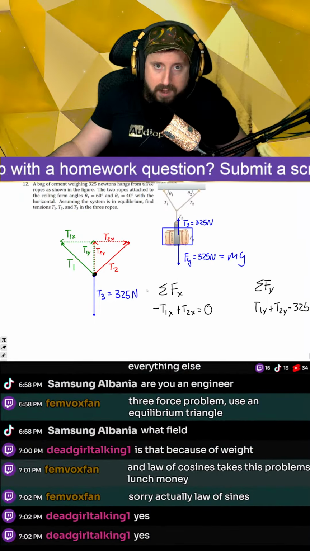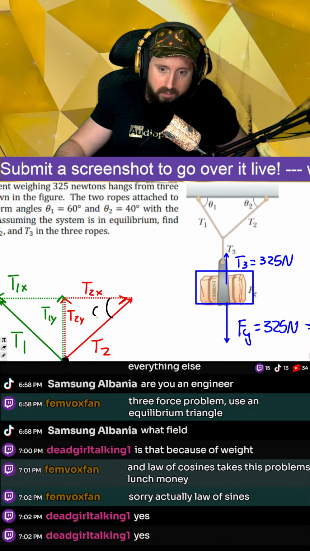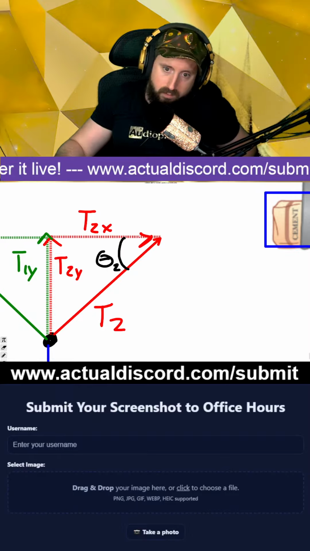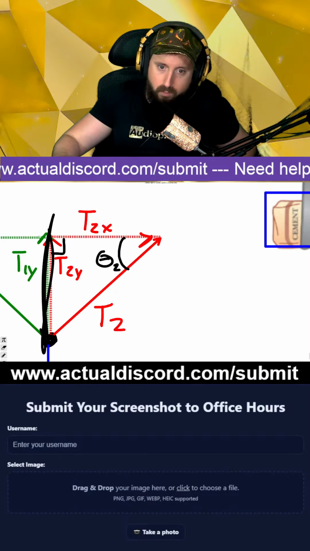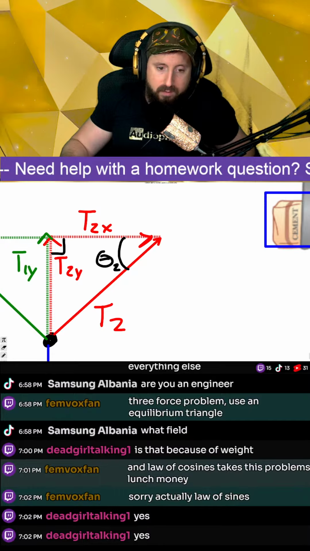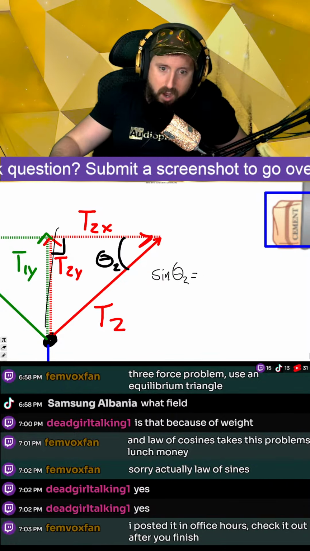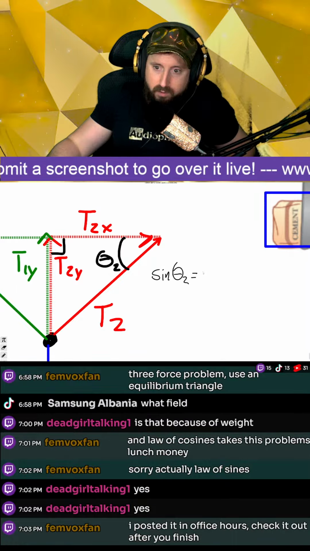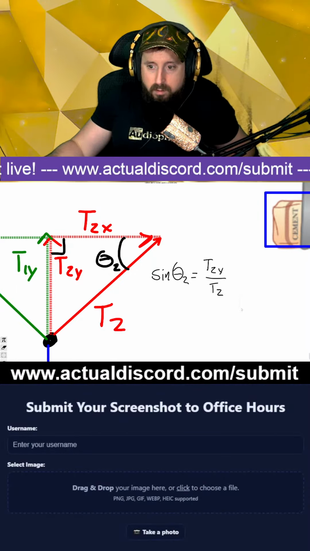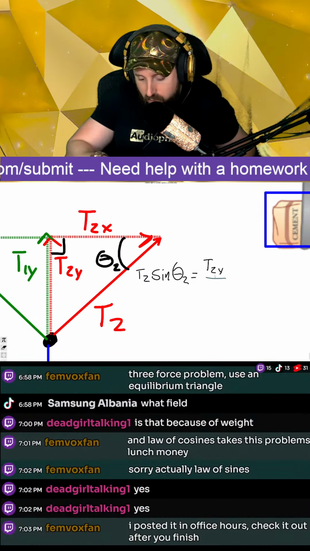Next thing I want to do is write out what these are in terms of trig functions. So this right here is theta 2. This is a right triangle, right? The y and the x-axis make a 90-degree angle. So if I were to look, for instance, at the sine of theta 2, we know that's the opposite over the hypotenuse. So that would be equal to T2y over T2. And so I can then move this over here, and I get that T2y is equal to T2 sine theta 2.